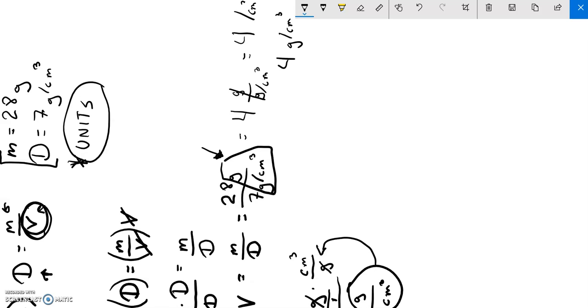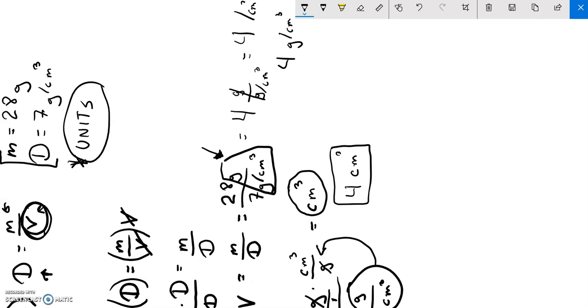That's not a problem. And if we multiply across, now we've got centimeters cubed over 1, which is just centimeters cubed. And these are your correct units. So your final answer ends up being 4 centimeters cubed.